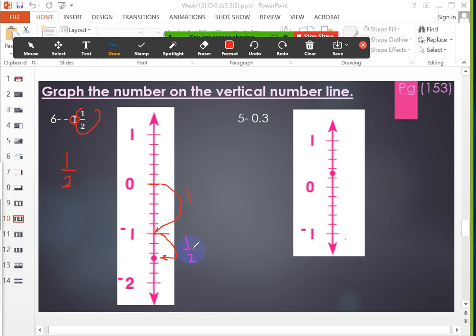Okay? This is the number that represents negative 1 and 1/2. Okay, girls? You understand it? Now, first jump is 1. Second jump is 1/2.